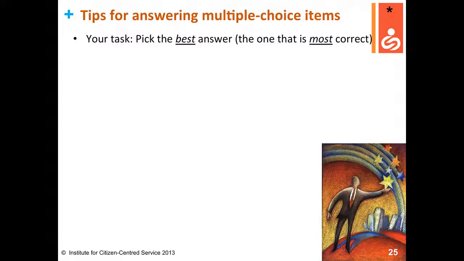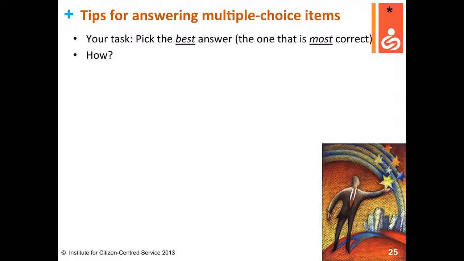Here's the sneaky thing about exams. This one and many other exams. There may be more than one option in the multiple choice that is correct. But your job is to pick the most correct answer, the best answer. So you have to think about what each of the options means.